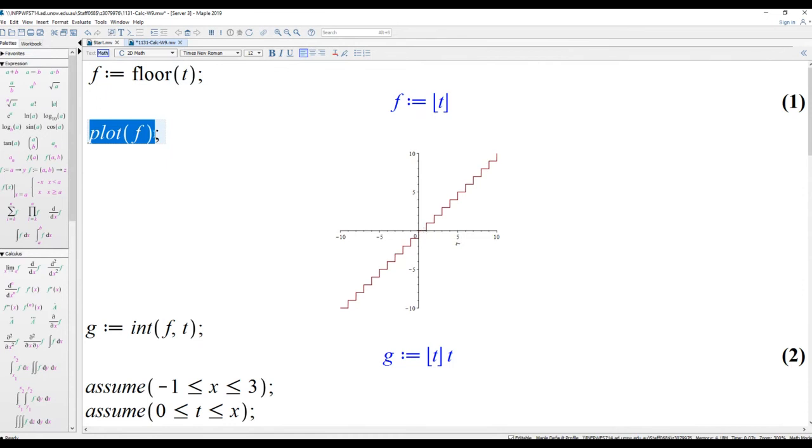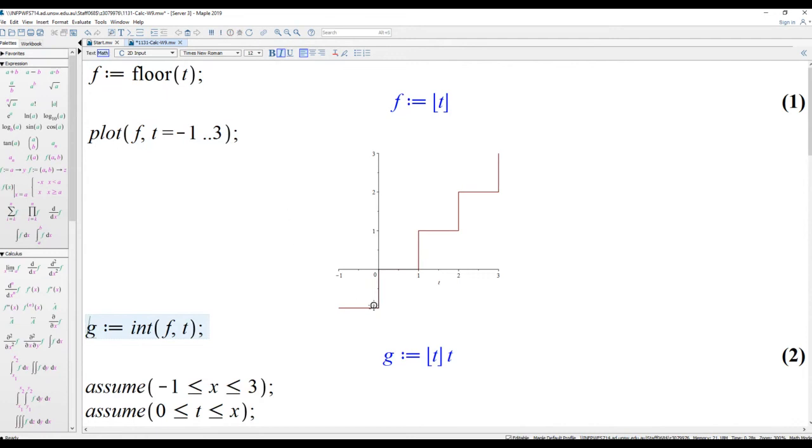So you can see here, I might just plot t equals -1 to 3. So as soon as we get to 0, it jumps up. And then it goes along here. As soon as it gets to 1, it jumps up. As soon as it gets to 2, it jumps up to 2, right?